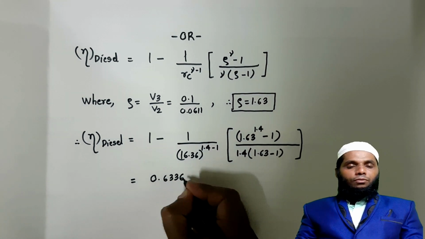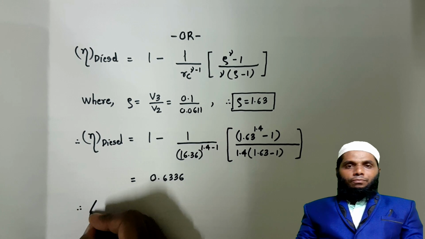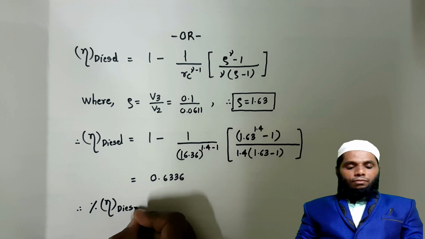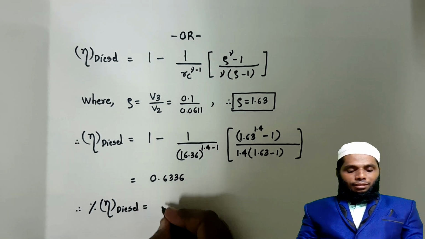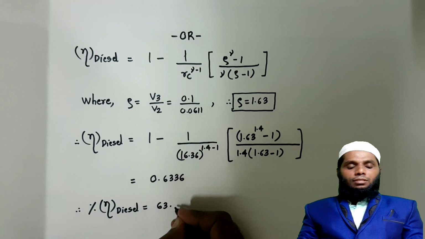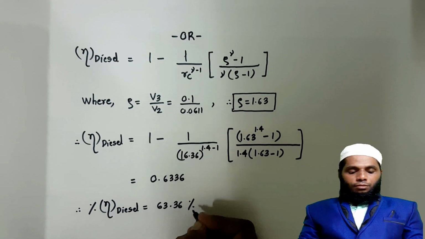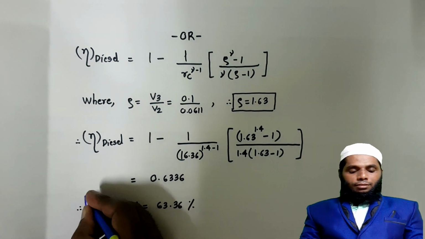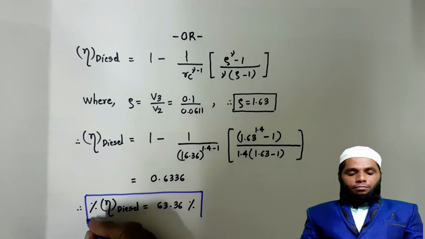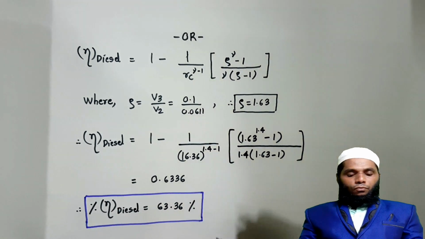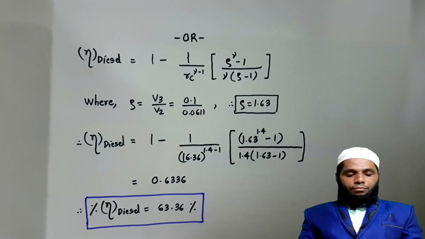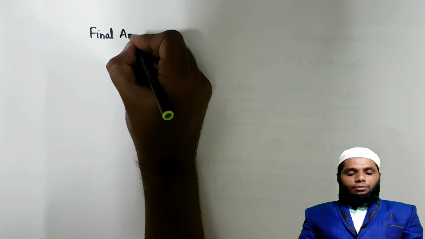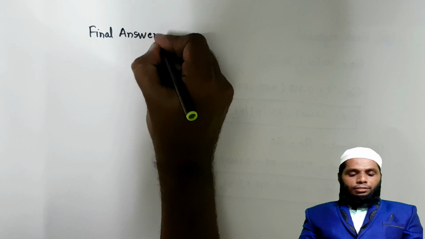So we'll find out the efficiency. In fraction we found this value 0.6336. So percentage efficiency of diesel cycle is equal to 63.36%. This is the value of efficiency. By both the methods we have nearly the same value.